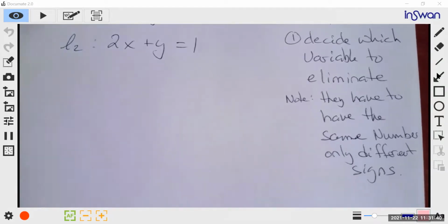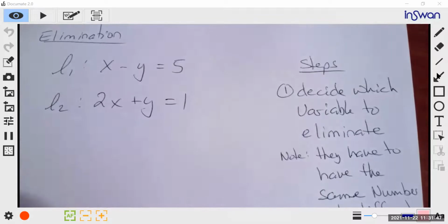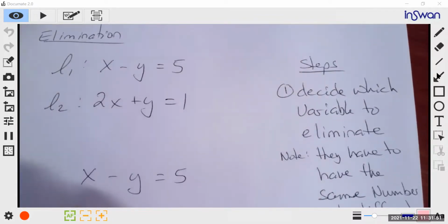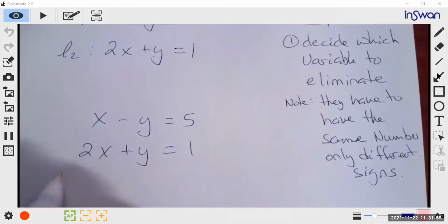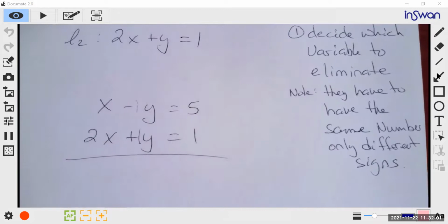So you may need to alter it, change it by multiplying one number across the whole thing. So looking at this equation, the easiest variable for me to get rid of would be y, because here's y. They both have the same coefficient, different signs.